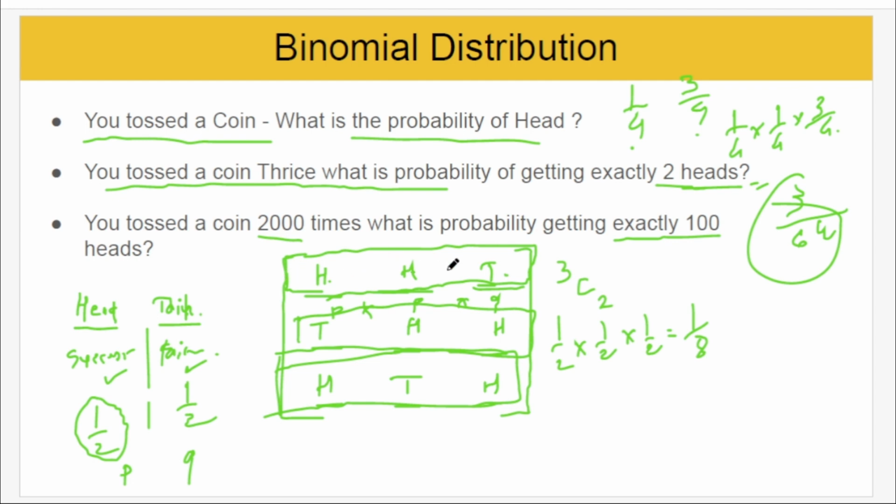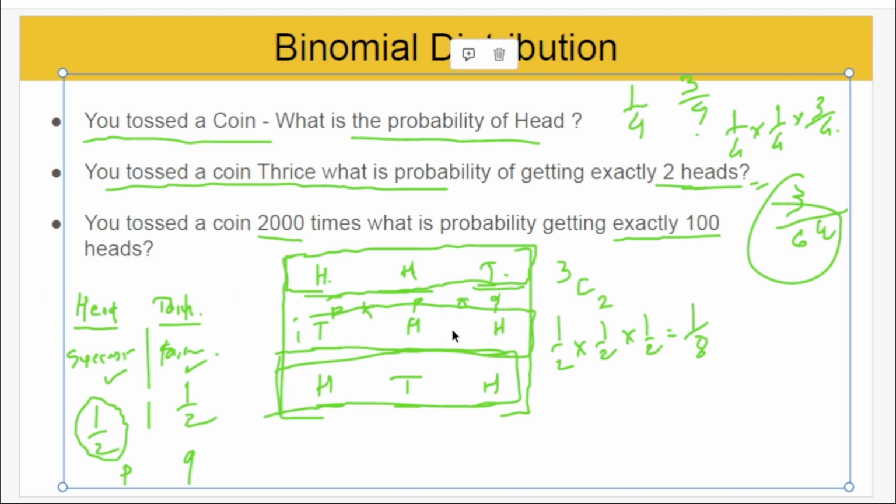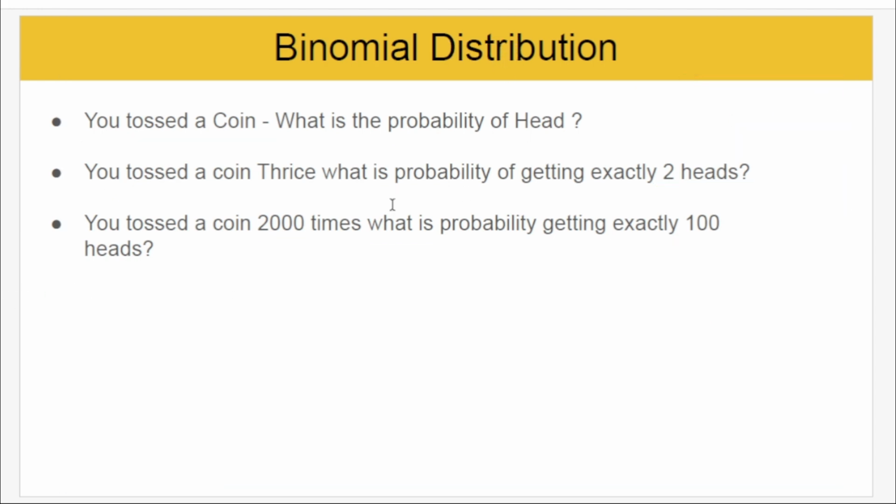Now this is what is generalized in the formula. One wise person, like you, noticed this and generalized it. There are n total trials, and we want success r times. Here I am saying 2 successes only. So he said n choose r is the number of ways you can choose.